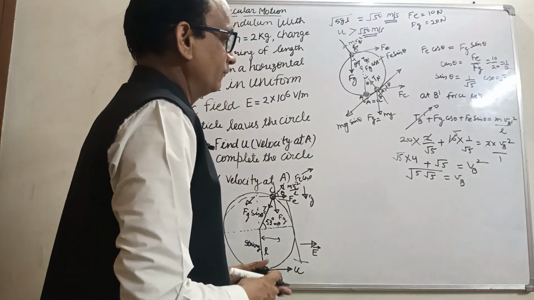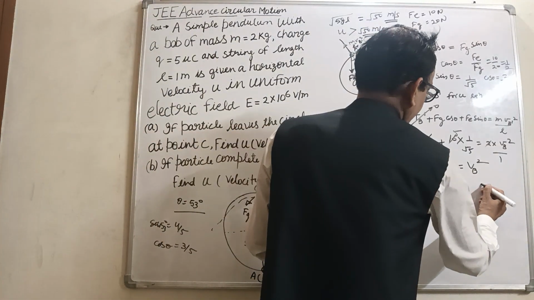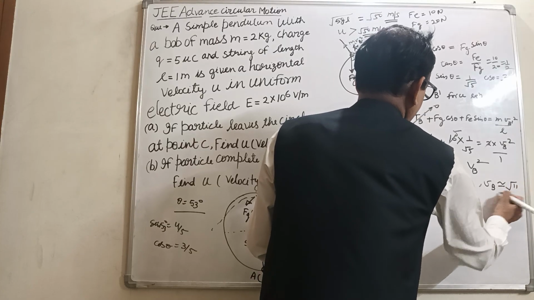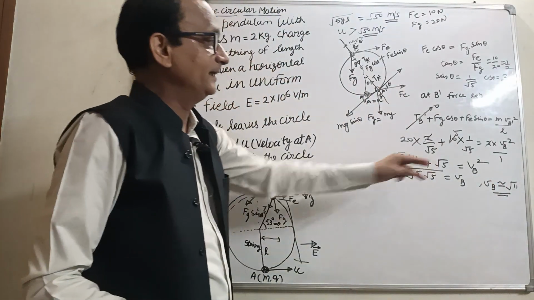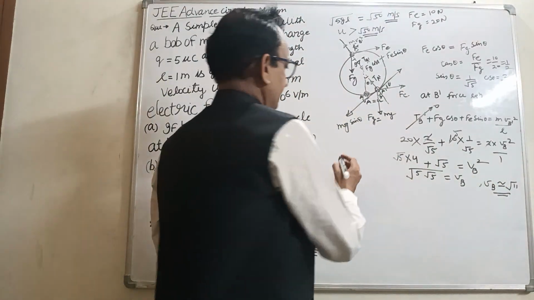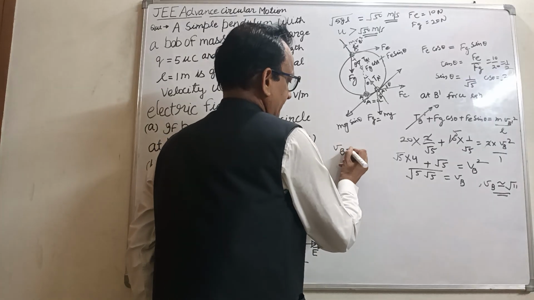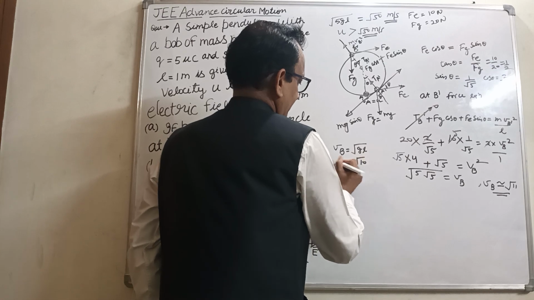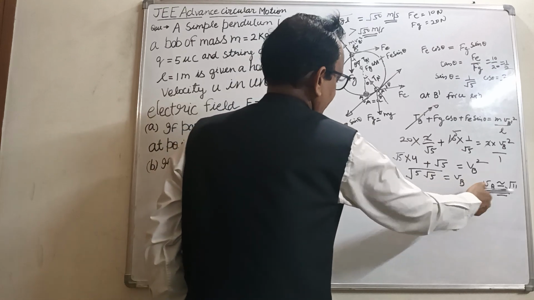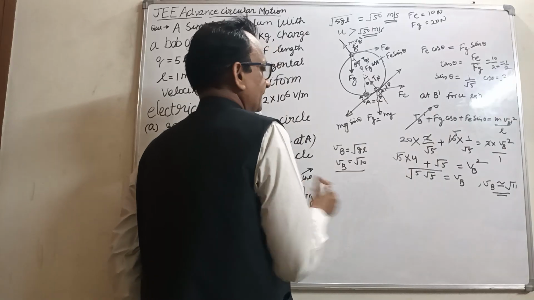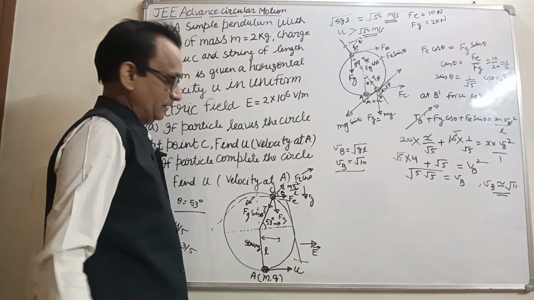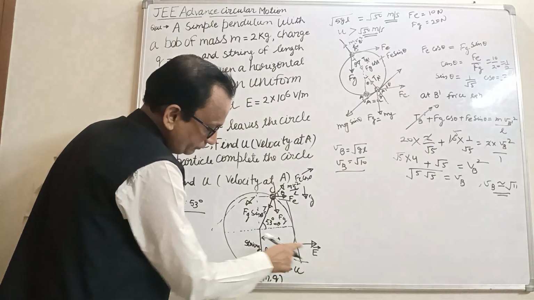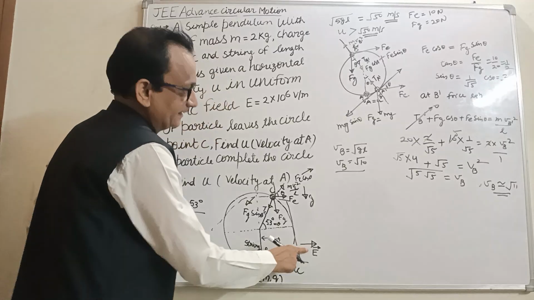So the value of v would be approximately under root 11. This value is slightly more than the value when we place the root g l, so that would be under root 10, but here the value we are getting is slightly greater at the upper position, because the gravitational force and the electrostatic force are acting in this direction.